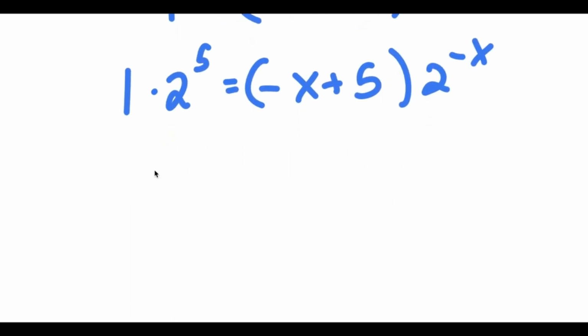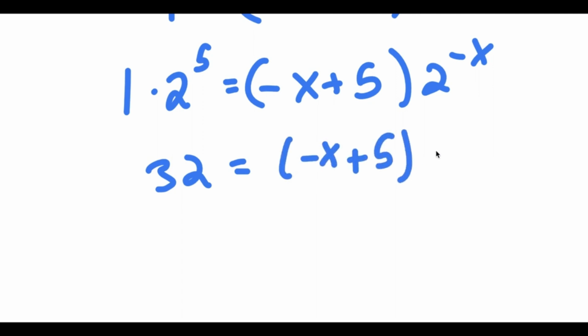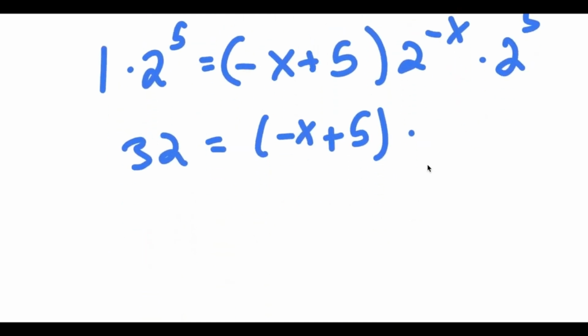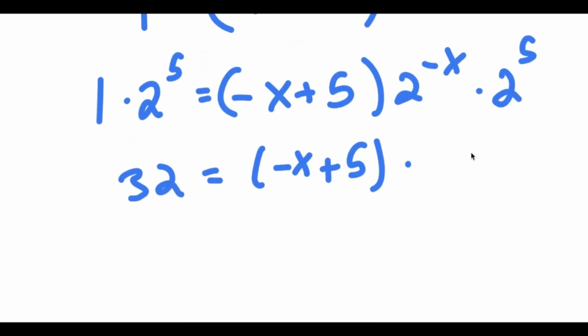And 2 to the power of 5 is 32, so I get 32 is equal to negative x plus 5 times, sorry, I forgot to multiply this side by 2 to the power of 5, but 2 to the power of negative x times 2 to the power of 5 is 2 to the power of 5 minus x.